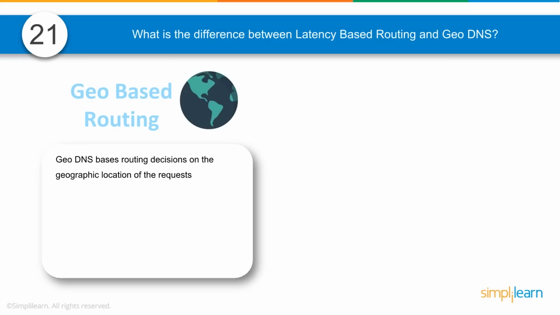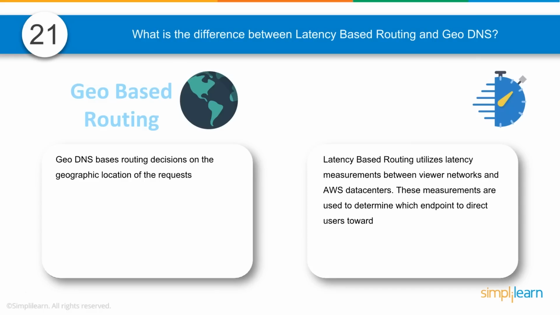Now, geo-based DNS routing takes routing decisions on the basis of the geographic location of the request, and on the other hand, latency based routing utilizes latency measurements between networks and data centers. Latency based routing is used where you want to give your customers the lowest latency possible. So that's when we would use latency based routing.